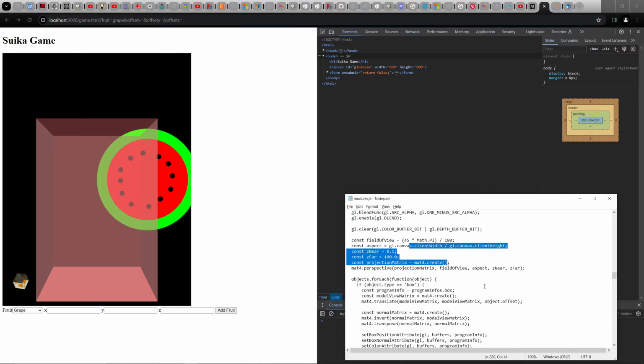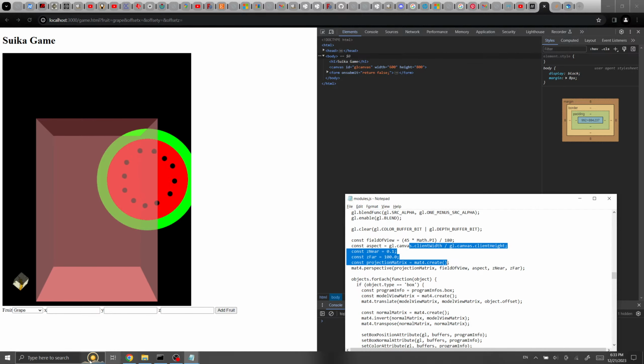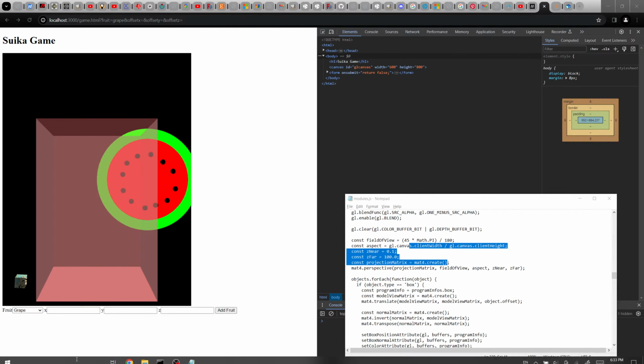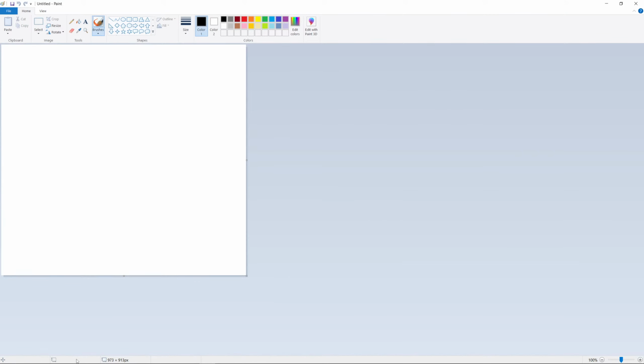Hmm. So what I'm looking to do is to translate these coordinates. Yeah, let me draw it out. So we have two coordinates.